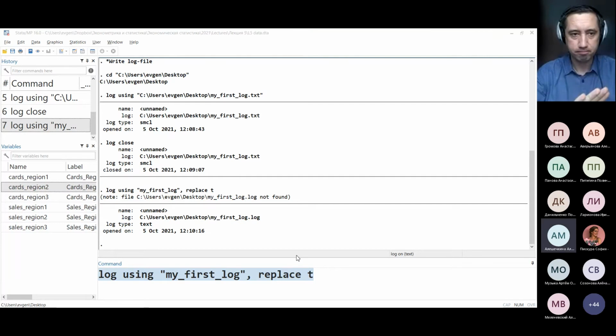Evgeny Alexandrovich, I have a question considering the same problem. I do all the steps and open this txt file, and to tell you the truth, this is still saved as log file and not log.txt. Check. Do you have log type text?